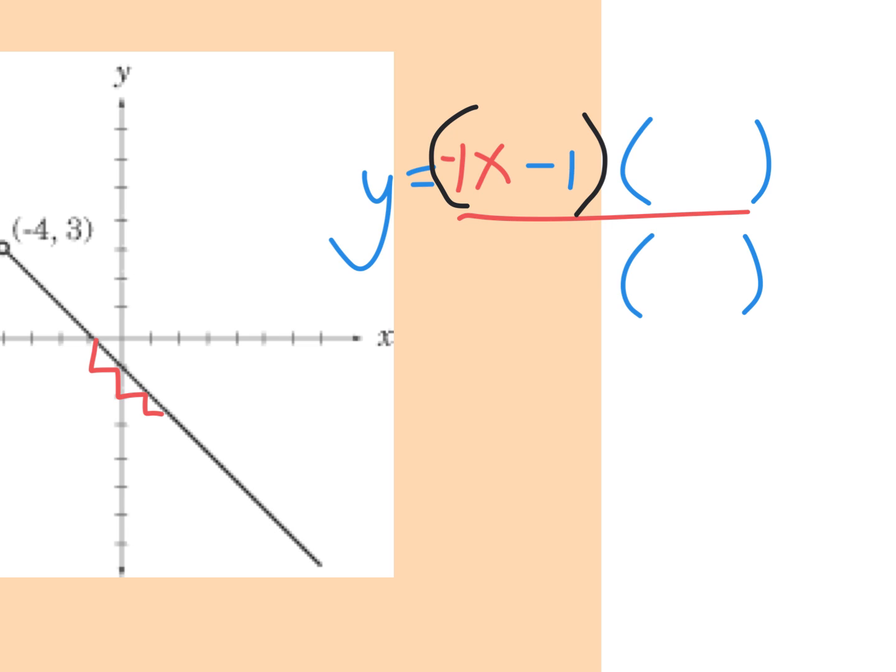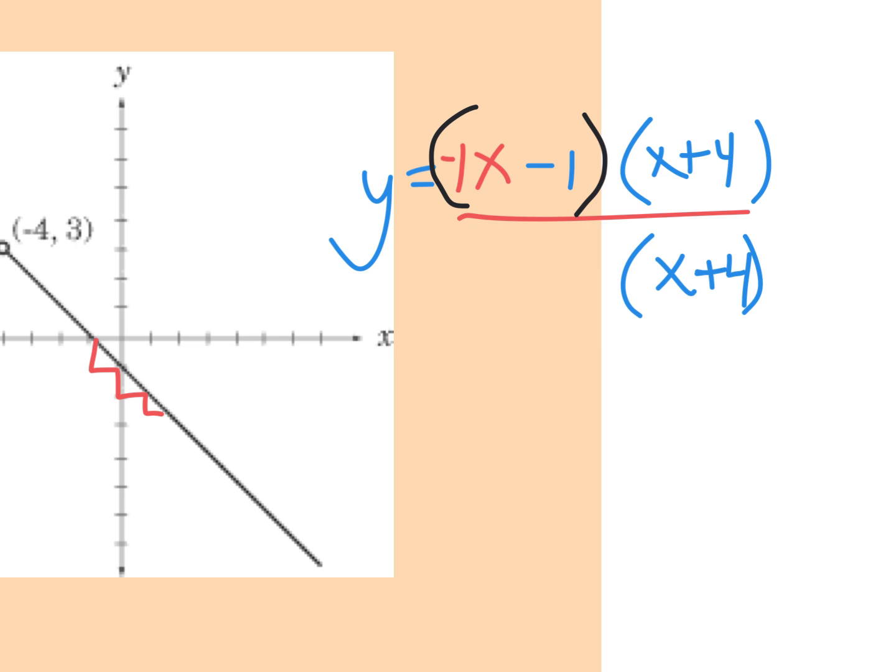Okay, now the hole is at negative 4. Remember, the x part is what you do first, right? So what's got to be in the parentheses? X plus 4. Because do you get that negative 4 will make that 0 and therefore cause a hole there?